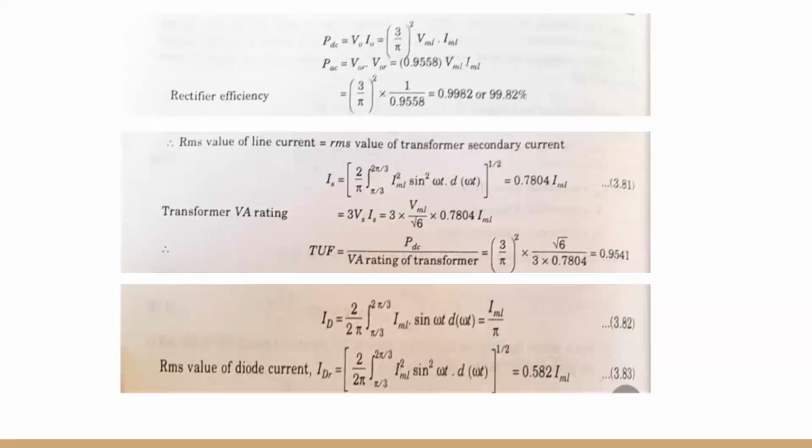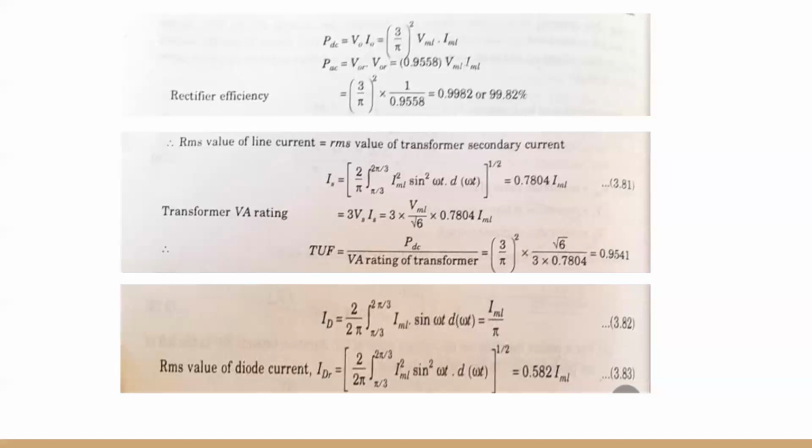Voltage ripple factor is given by VRF equals VR upon V0 equals 0.0408 upon 3 by pi equals 0.0427 or 4.27%. Form factor FF equals V0R upon V0 equals 0.9558 VML upon 3 by pi VML equals 1.009.